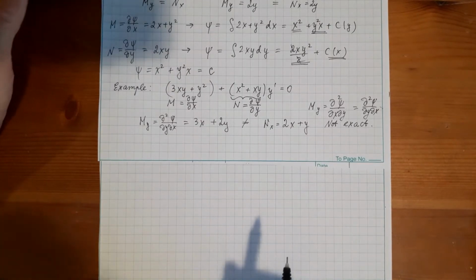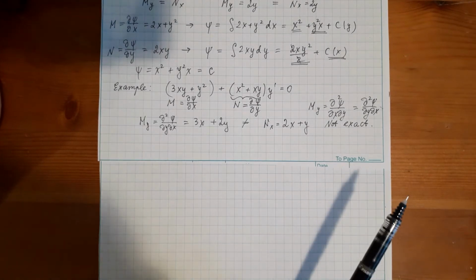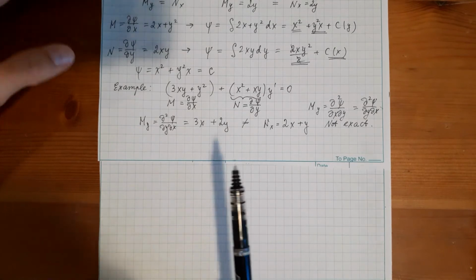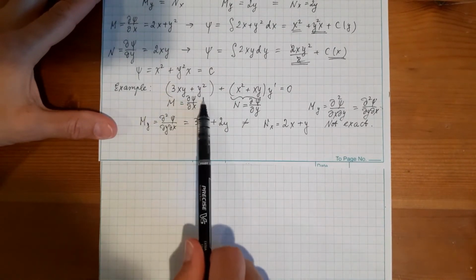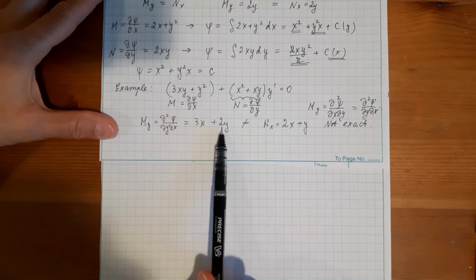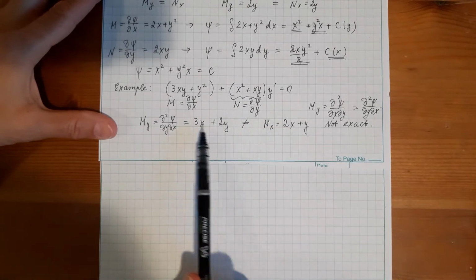Okay, so now I'm going to teach you how to make an exact equation from a not exact equation, if possible, of course. Well, let me go back to the first example we had. Remember the function over here, the derivative was 3x plus 2y, and the function over here, the derivative of this function by x was 2x plus y.